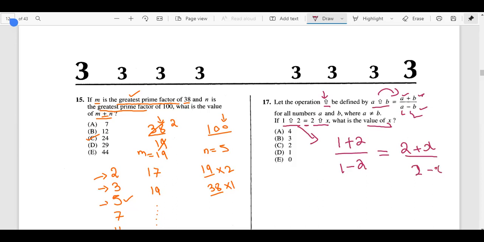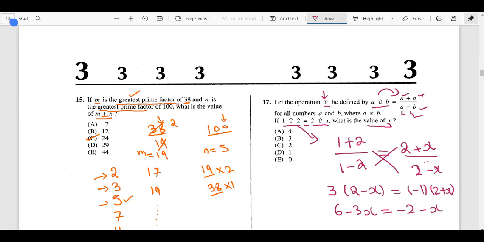Now we simply need to cross multiply this. So 1 plus 2 is 3, into 2 minus x, equals minus 1, 2 plus x. This is 6 minus 3x equals minus 2 minus x.